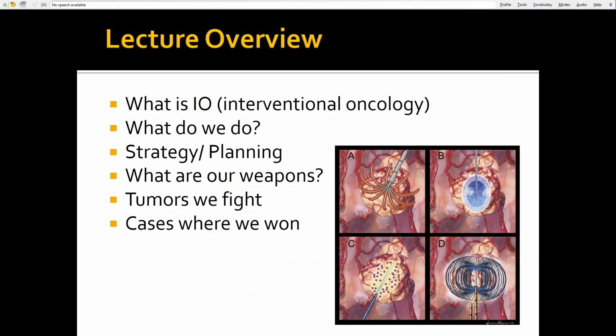We'll also talk about the literature, because it's very important to realize when you do interventional oncology, you're not just a radiologist anymore. You're treating patients, and in addition, you have to analyze the literature that's out there.